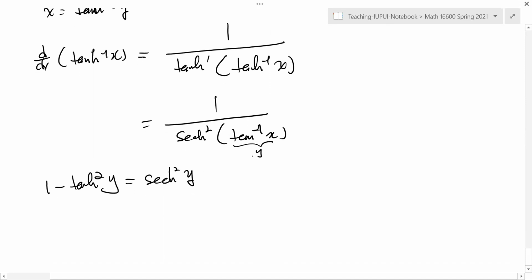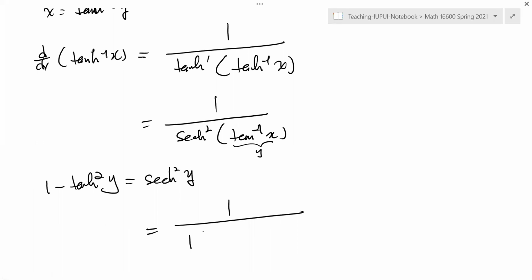What do you get? We have 1 minus hyperbolic secant squared, and now I change the secant to tangent.